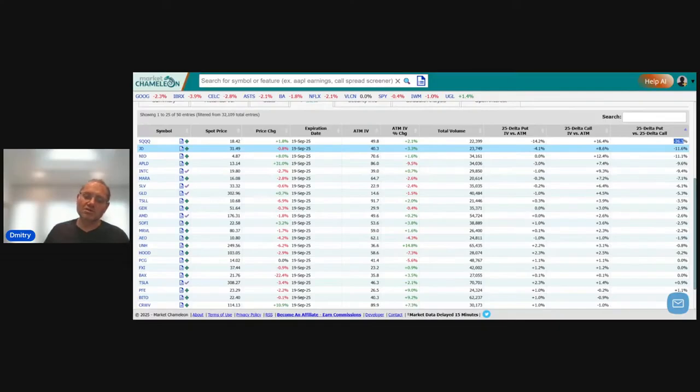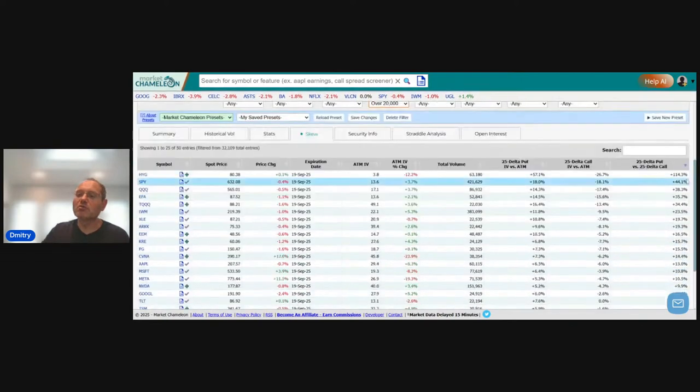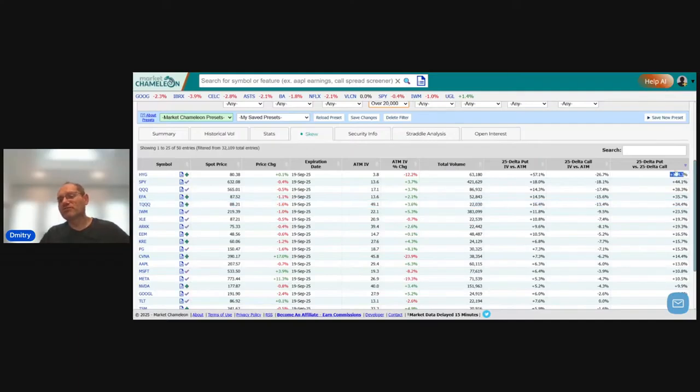IV of the put is less than the IV of the call if it's negative. If we wanted to see the other way, we could sort it. And these are where the put is much higher than the call. So the put IV is 114% higher than the call IV.